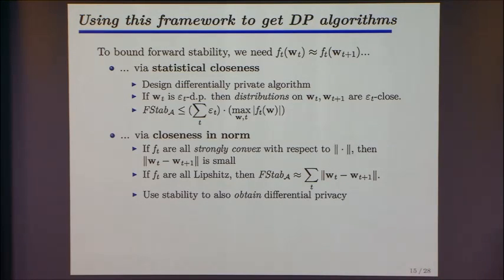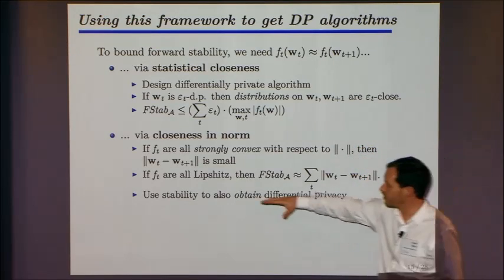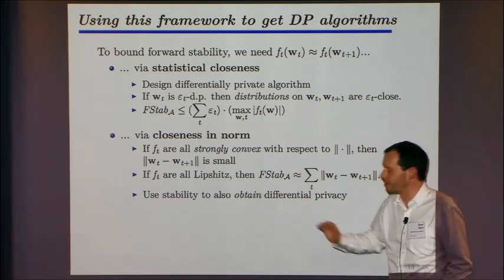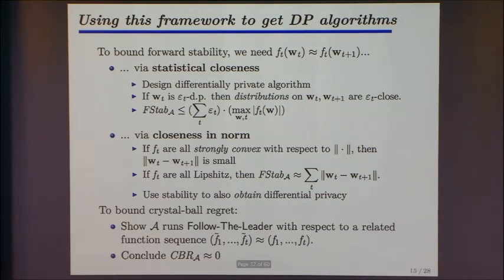This doesn't talk about privacy, but it tells us that we already have some sort of stability property built in, and then we can also get differential privacy if we're careful. These are the basic ways to think about forward stability, and to bound the crystal ball regret. It turns out you use the same idea in all of these cases.